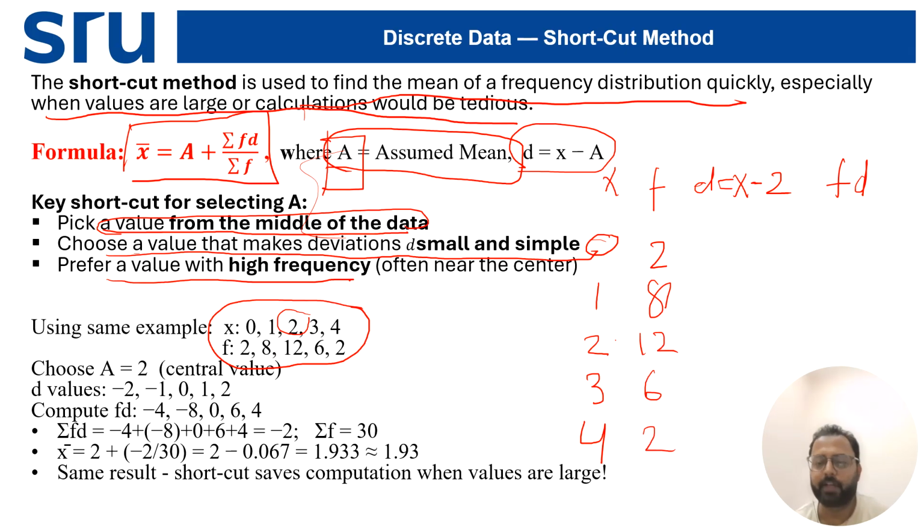Next we find d, which is x minus 2, since we have taken a as 2. So 0 minus 2 is minus 2, 1 minus 2 is minus 1, 2 minus 2 is 0, 3 minus 2 is 1, and 4 minus 2 is 2.